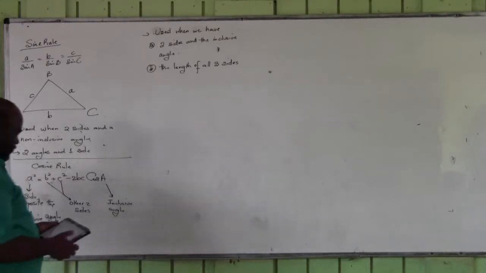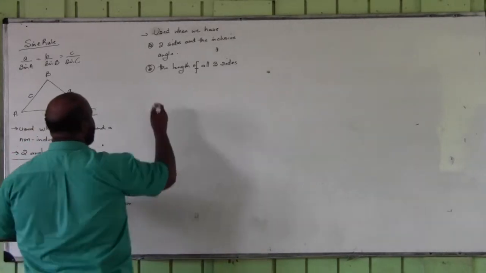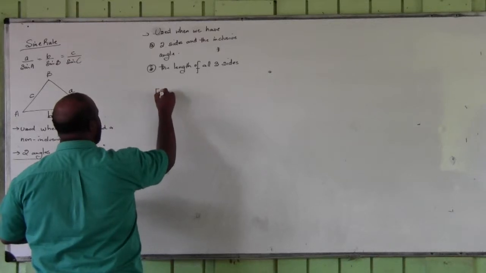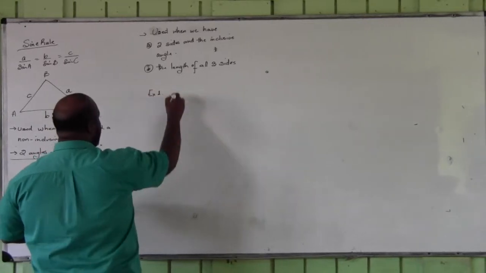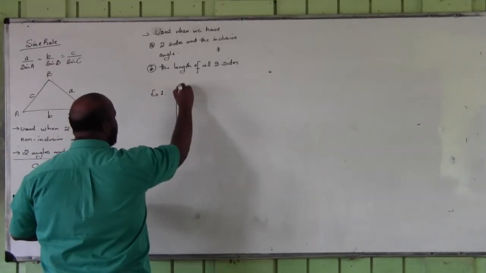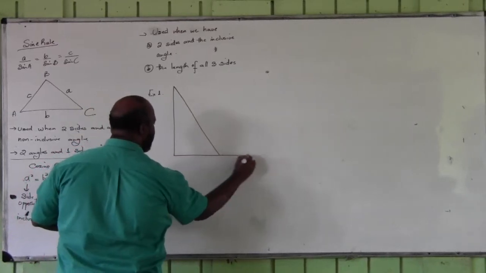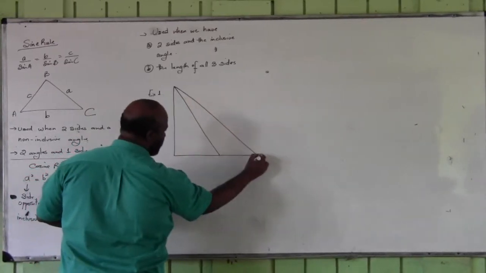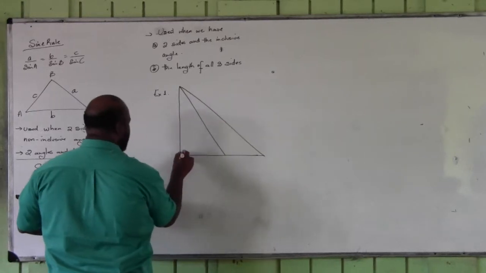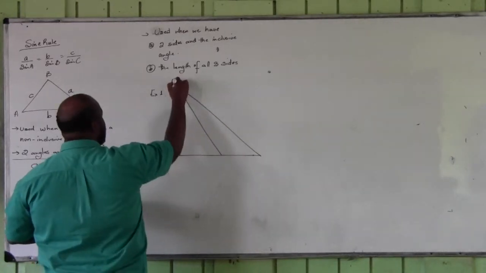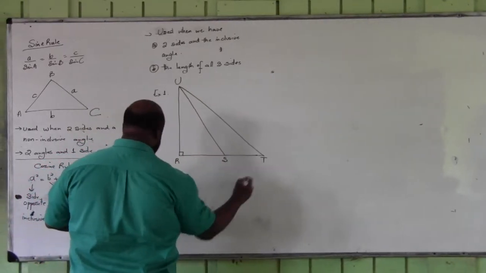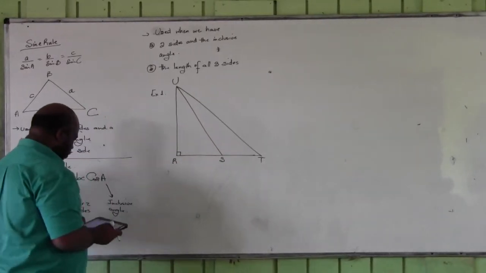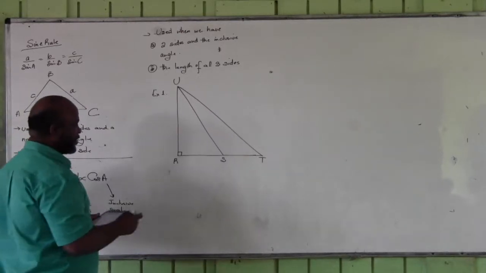Alright, let's have a look at this question. Example 1. This is a right angle here. This is U, this is R, this is S, and this is T. We're told that ST is 15 meters.